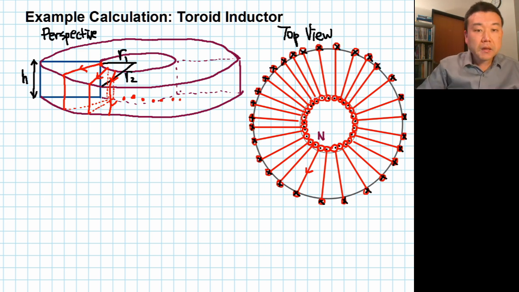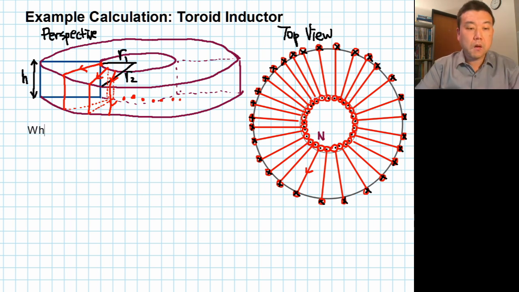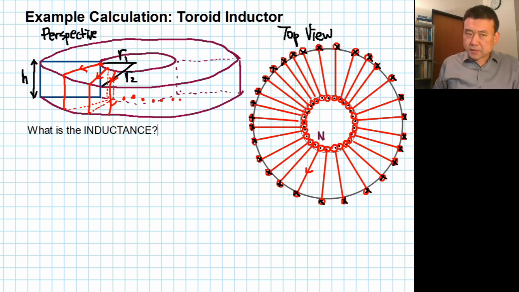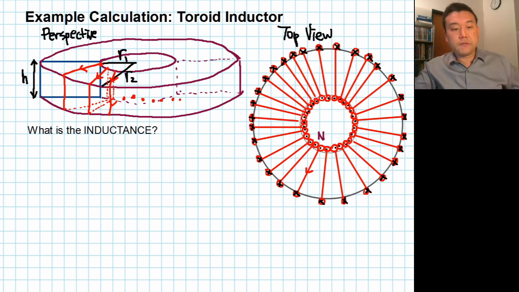Alright. So this is the question we are trying to answer in this example calculation. What is the inductance? So let's just start out with the definition. This is how inductance was defined as we covered Faraday's law and inductors.